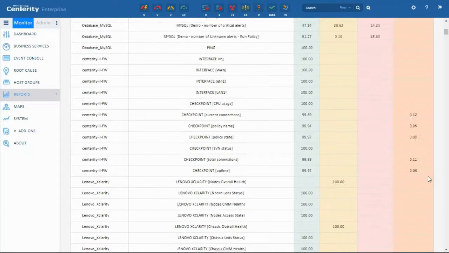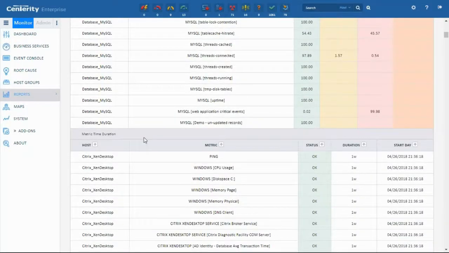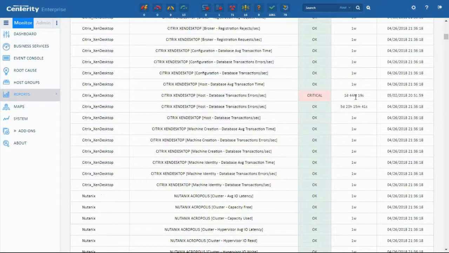But then also what's nice is that, and this is what John was talking about, not so much mean time to repair as mean time to diagnose. So here you can see, broken into each of the technologies, the metric, but also the duration of that metric. So if you get into critical, you can see how long it actually took to isolate that issue and return an okay result.